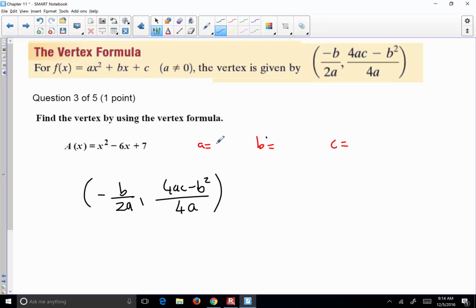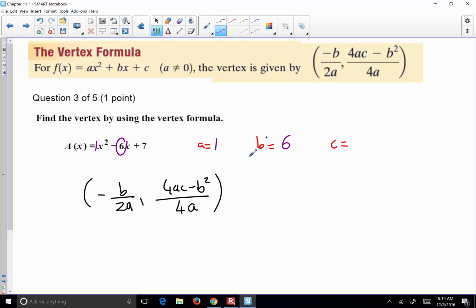What is A in our equation? A is the number in front of x squared, which is 1. What is B? B is the number in front of x, so I see 6, so it's 6.